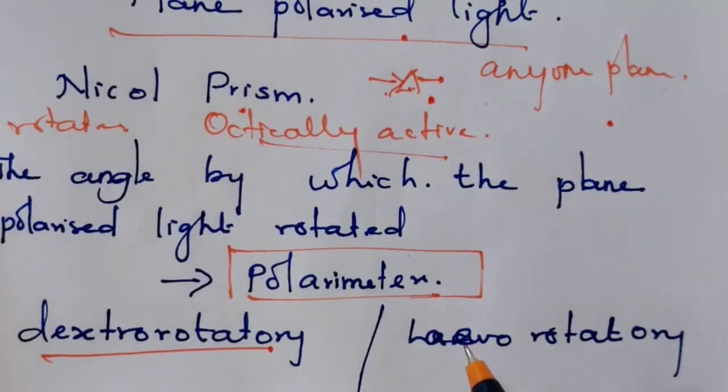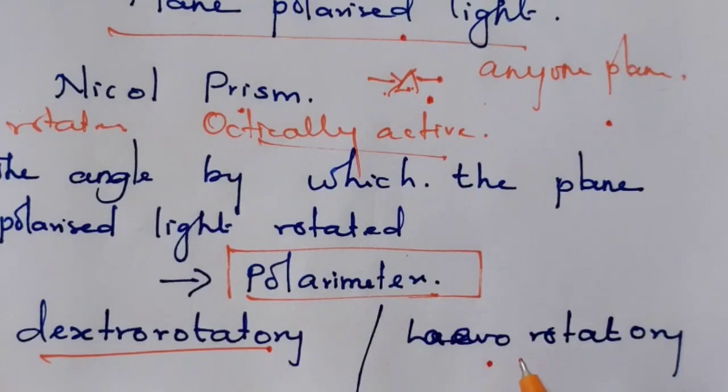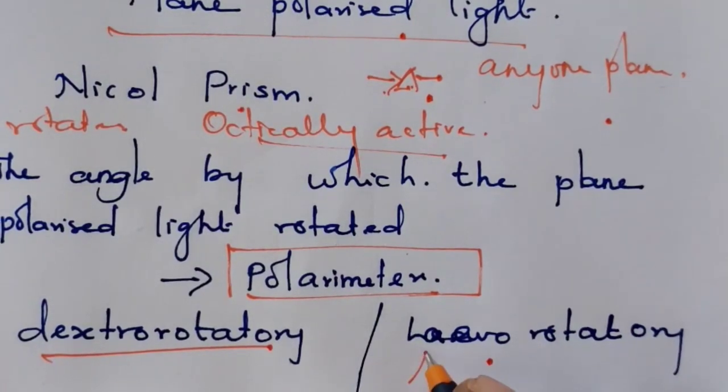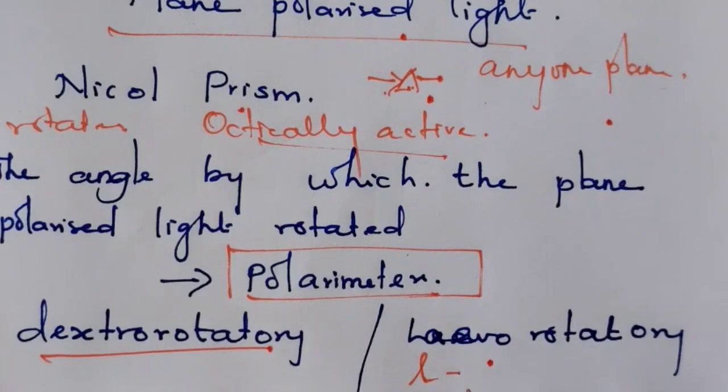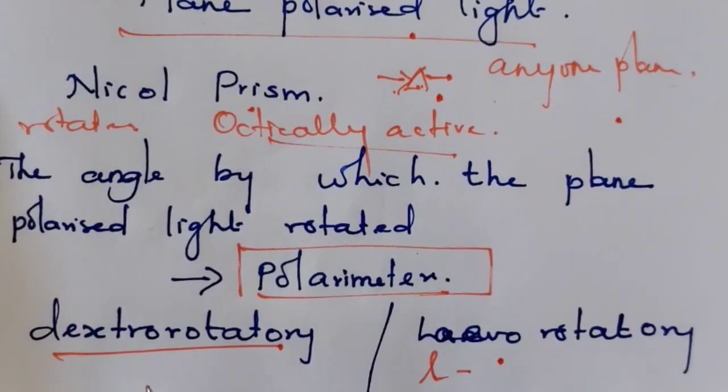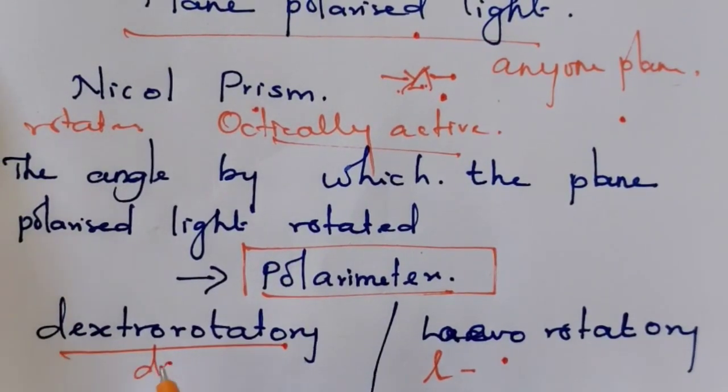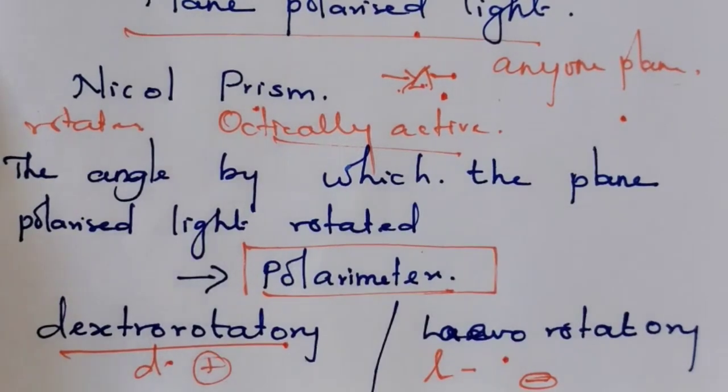They are called levorotatory, spelled L-A-E-V-O. Levorotatory substances are represented by L, or by the minus form. Dextrorotatory substances are represented by D, or by the plus form.